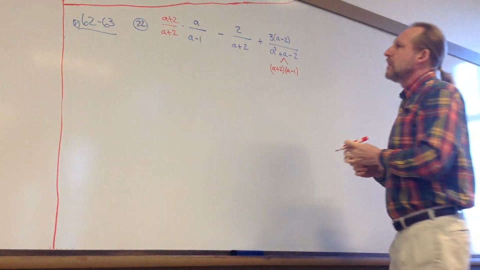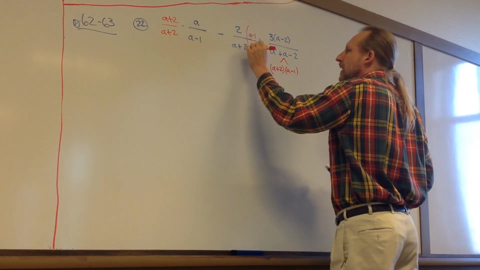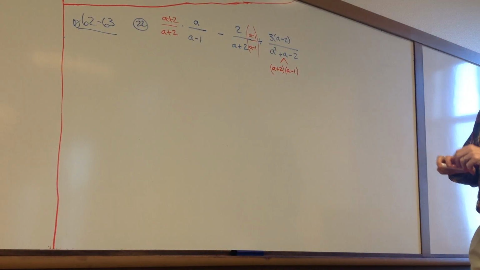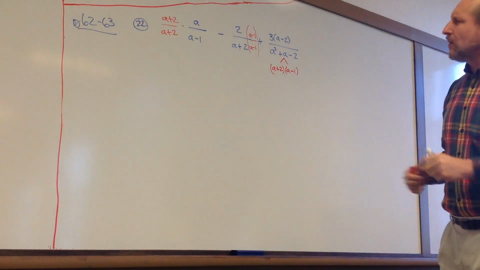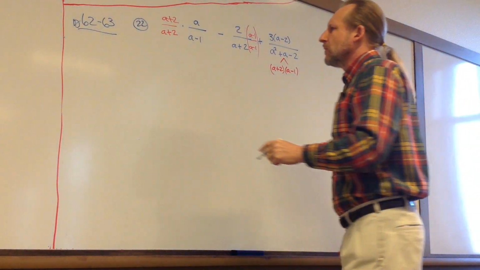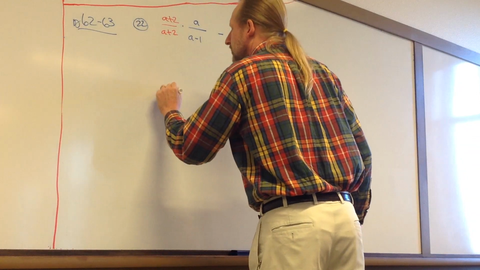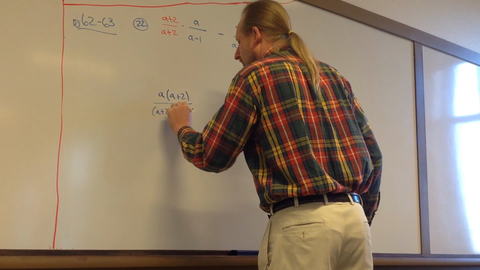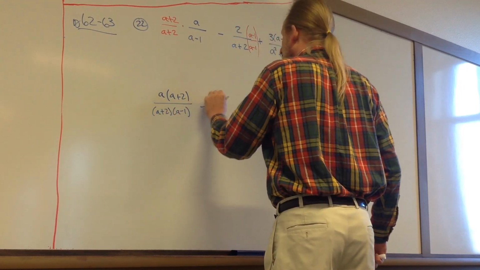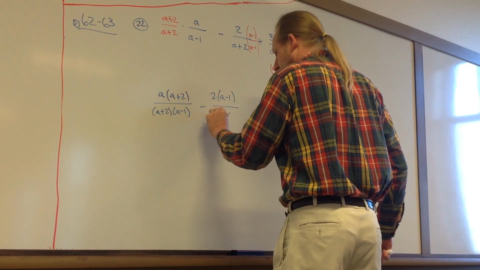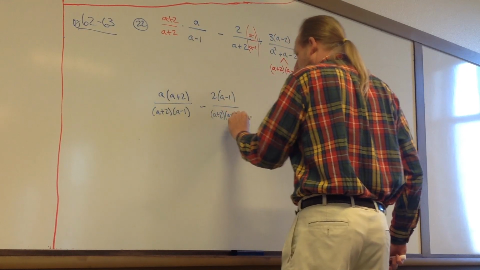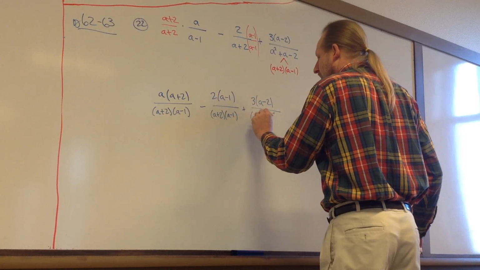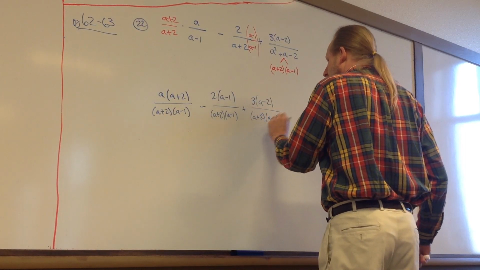This one needs to get multiplied by a minus 1 over a minus 1. So let's see what we get here. I'll write out all three fractions separately to begin with, since this one's a little bit different. a times a plus 2 over our common denominator, minus 2 times a minus 1 over that same denominator, and then 3 times a minus 2 over a plus 2 times a minus 1.